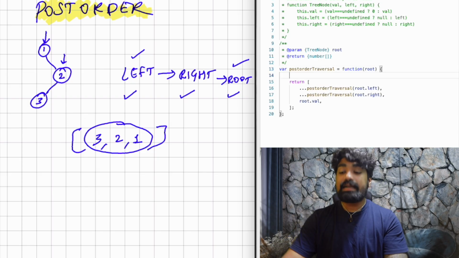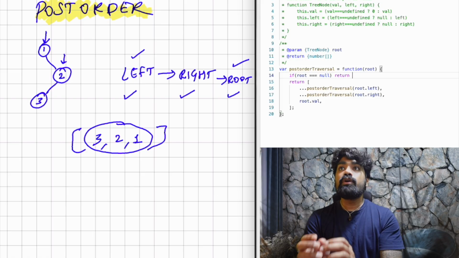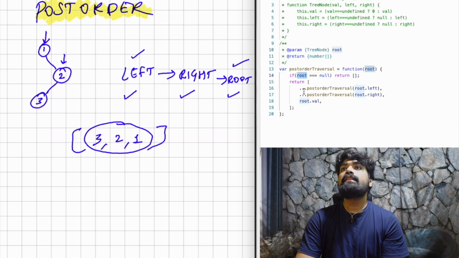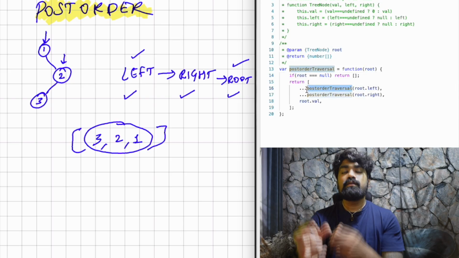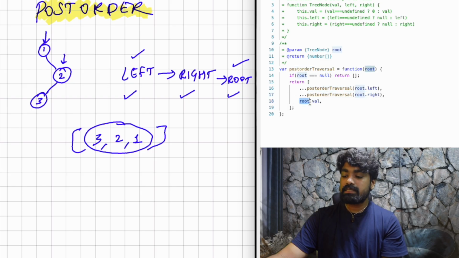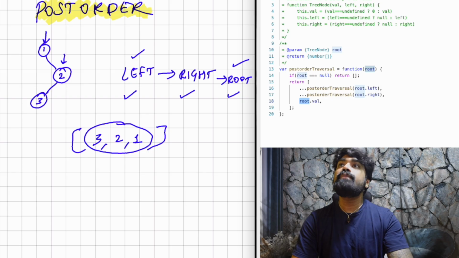To handle that, we will say if the root itself is null, then I want to return just an empty array, and this empty array will then get returned here. We spread it, so nothing comes out of that empty array, nothing comes out of that empty array here also, and you just return that specific root value itself. And that's pretty much it in terms of implementation.